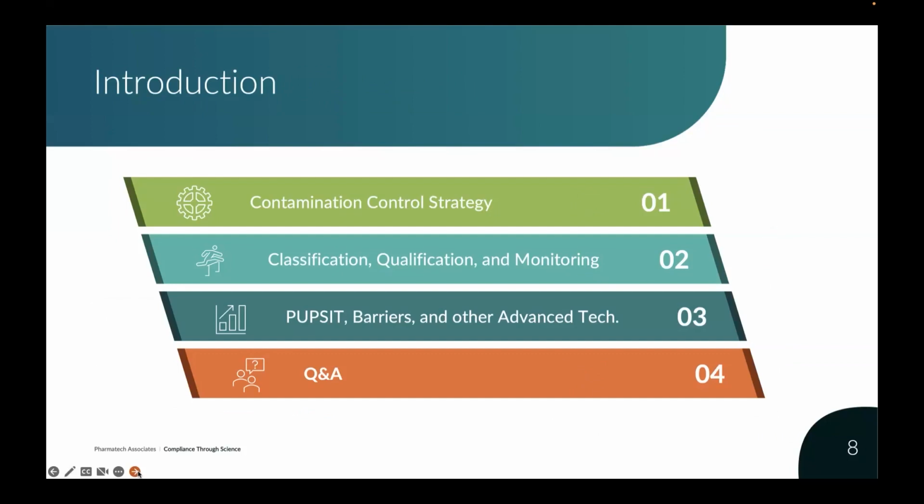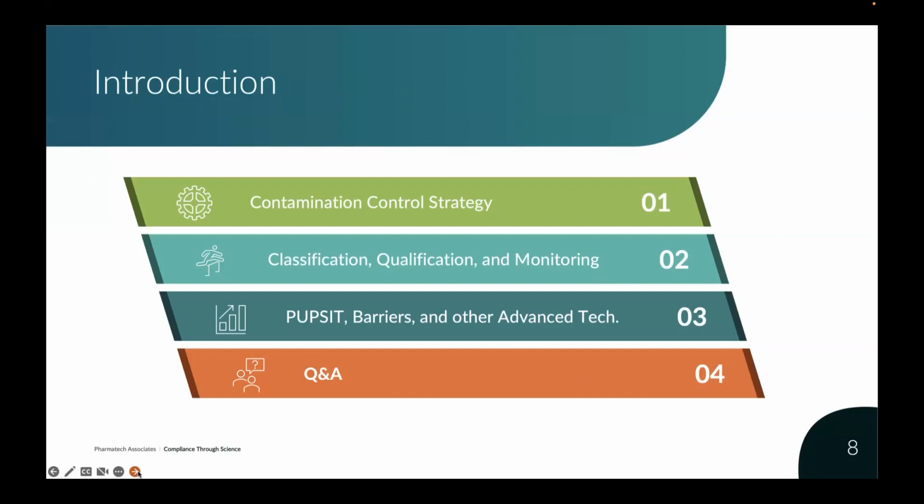These are the particular subjects that we'll be talking about in this presentation. Unfortunately, with such a large revision encompassing a significant number of topics within Annex 1, we can't cover everything, but these are some of the highlighted areas which we'll be talking about within this hour.